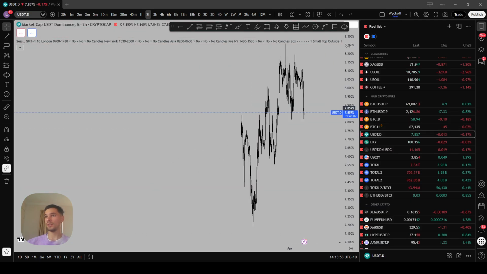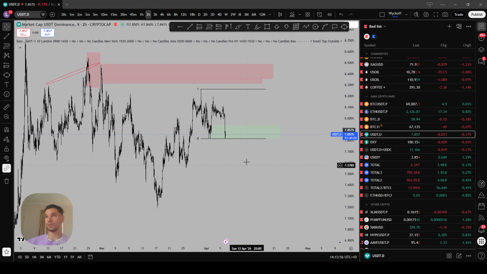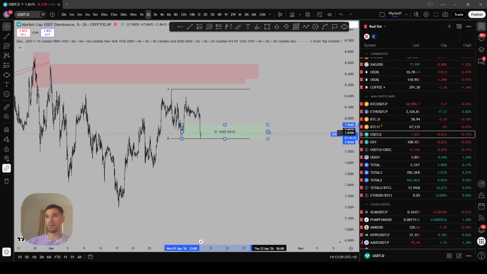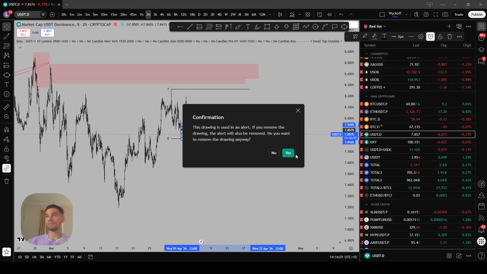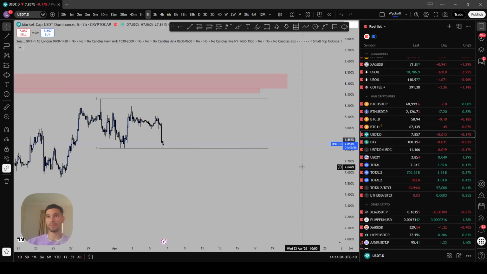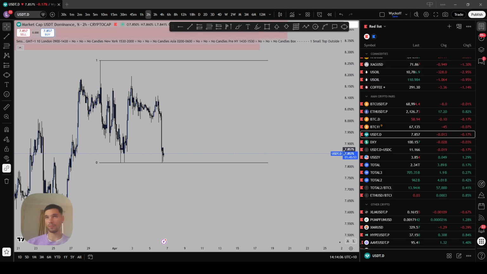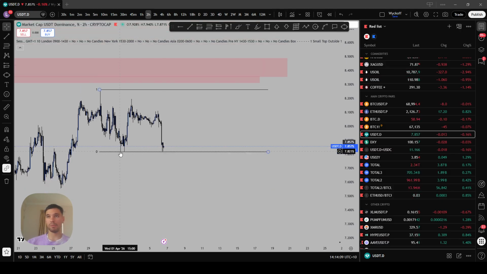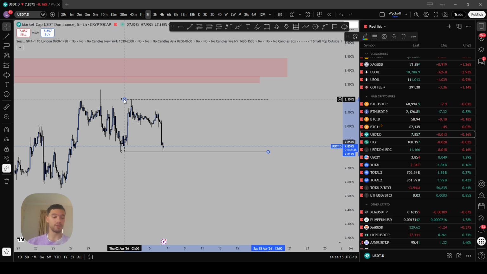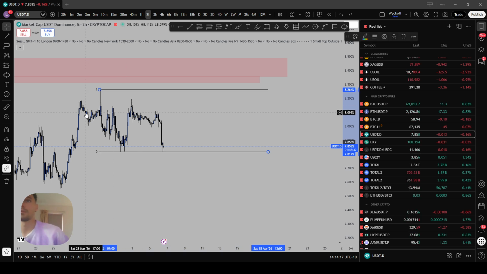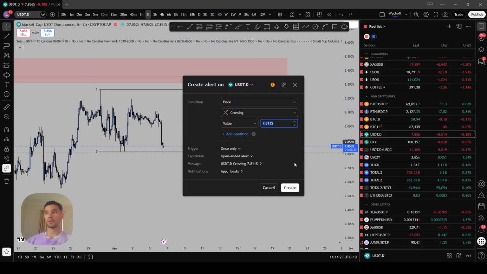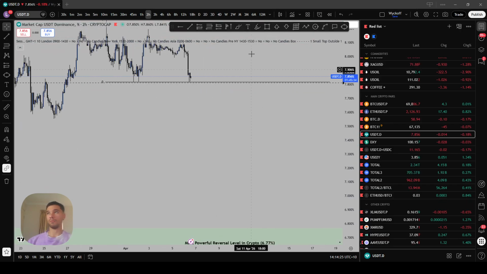Look at USDT dominance. We have ran through this demand. I'm just going to get rid of that altogether. As soon as we have swept this low, then our new range will be this. But for now, that has not happened. And then we do have some lower time frame demand in here.